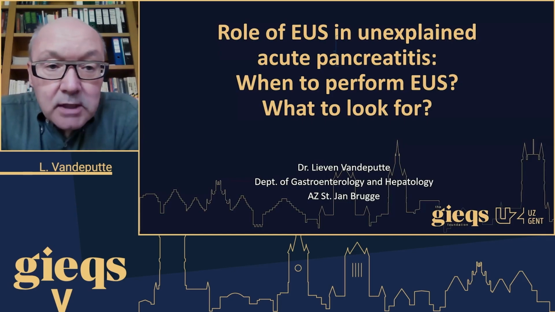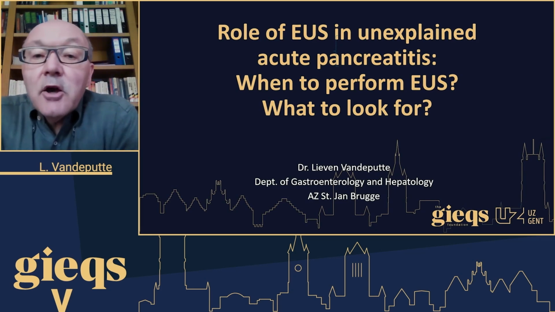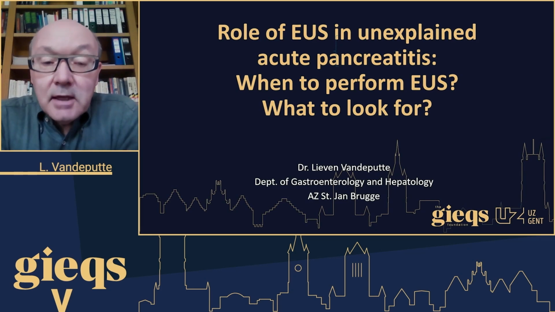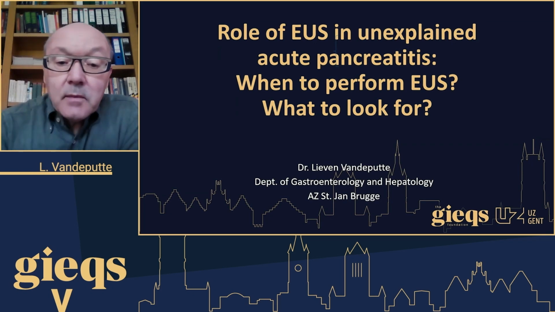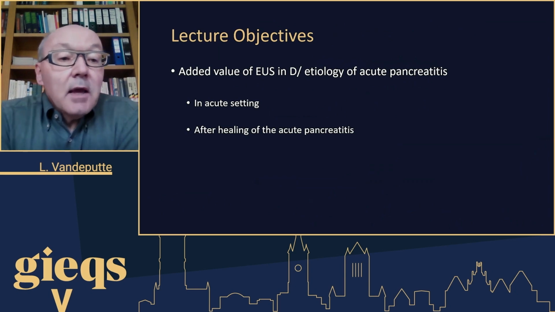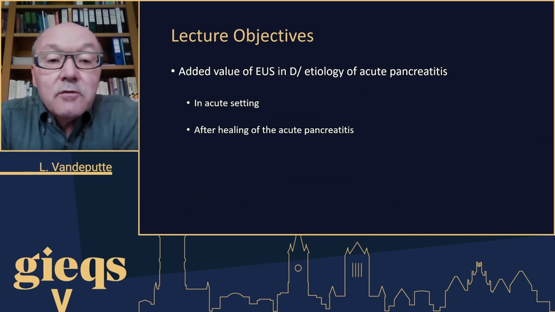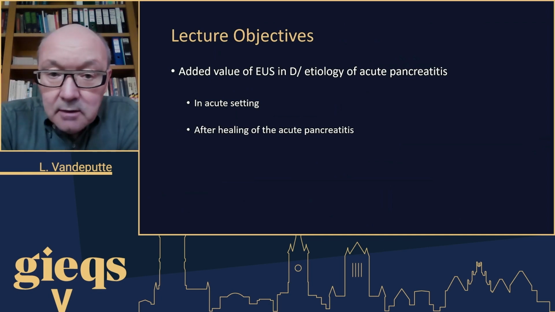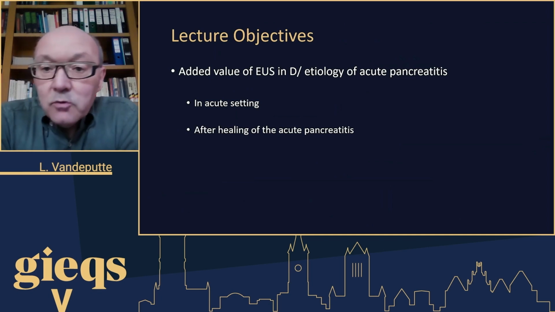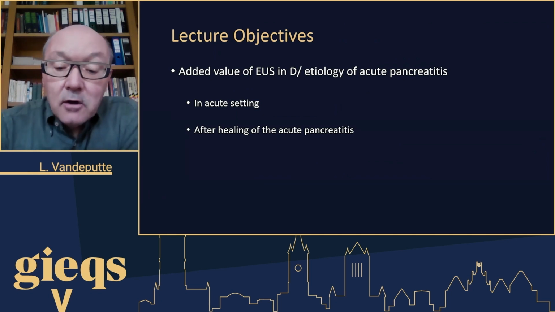And the talk I was given was to discuss with you the role of EUS in unexplained acute pancreatitis, when to perform EUS and what to look for. The objectives are that I try to convince you of the added value of EUS in diagnosing the etiology of unexplained acute pancreatitis, both in acute setting and after healing of the acute pancreatitis.